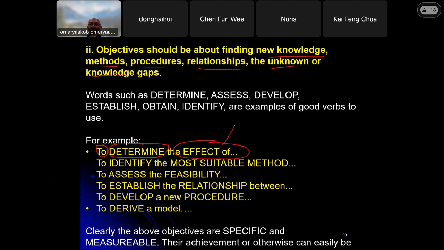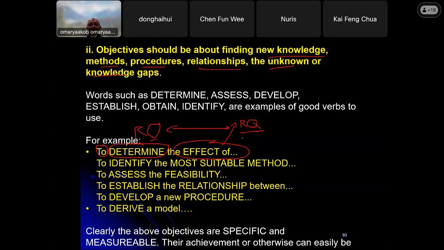This unknown is the one that we get from the RQ, research question. If this is research objective, RO, sometimes I mention RO means research objective, RQ research question. So RO and RQ must be related.